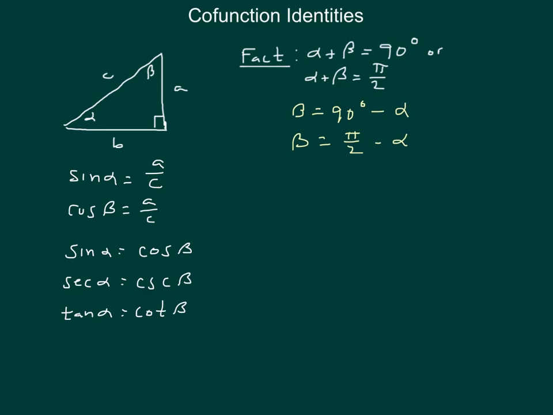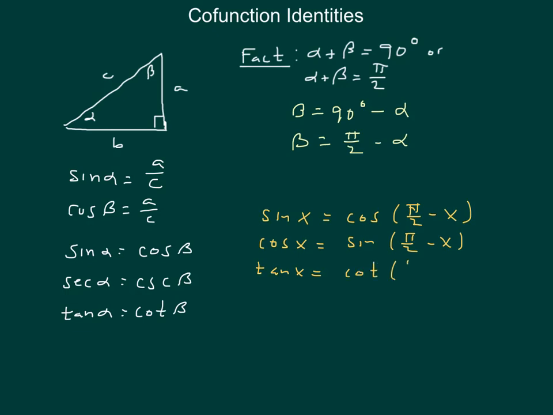The first one we get is that the sine of x is going to be the cosine of pi over 2 minus x, or the cosine of x is equal to the sine of pi over 2 minus x. Another one we have is that the tangent of x is equal to the cotangent of pi over 2 minus x.